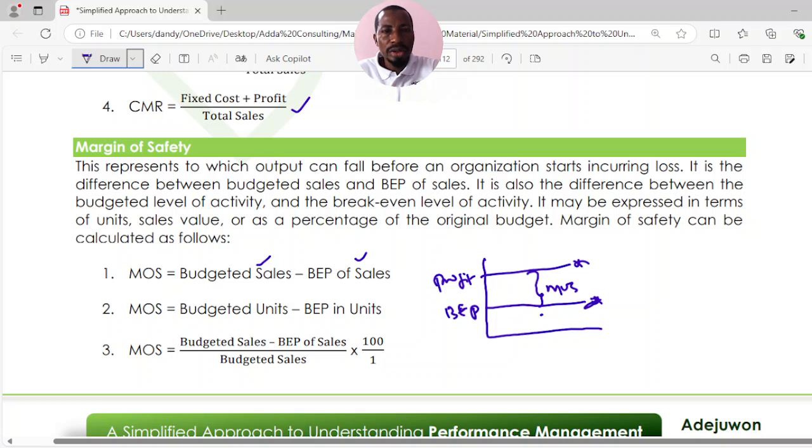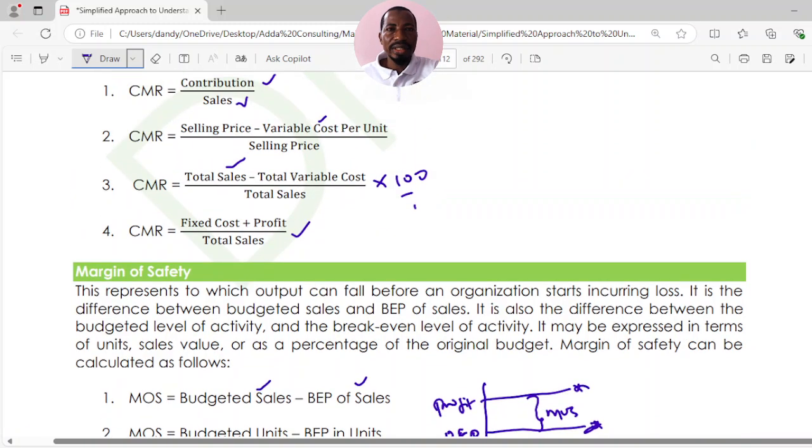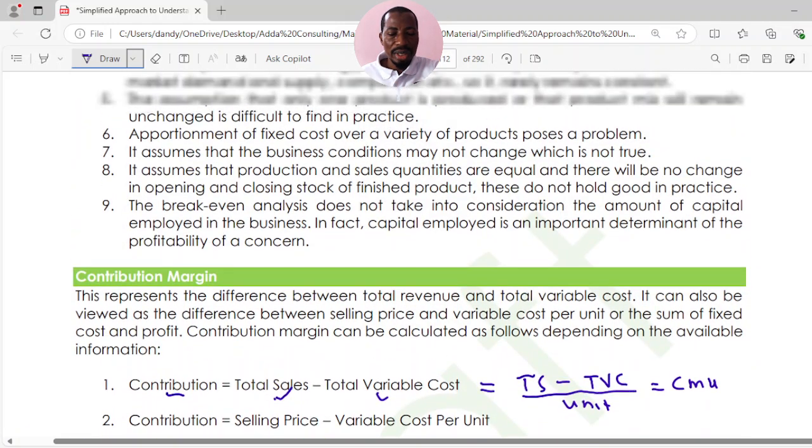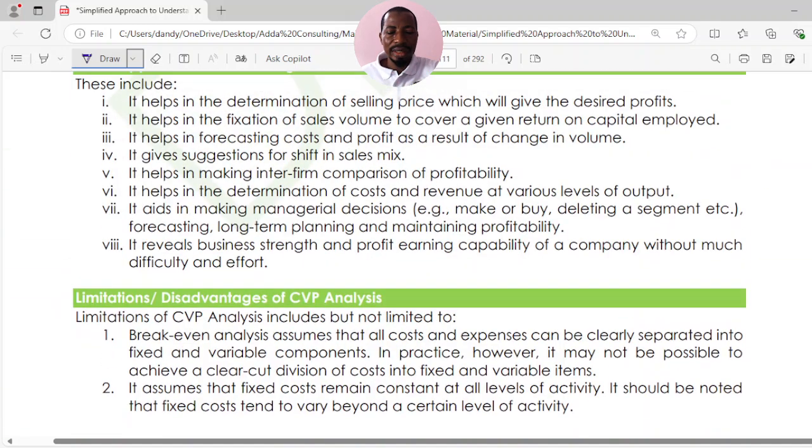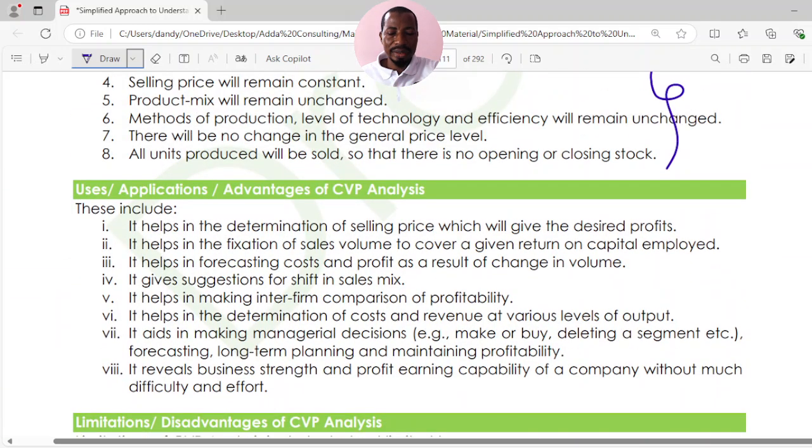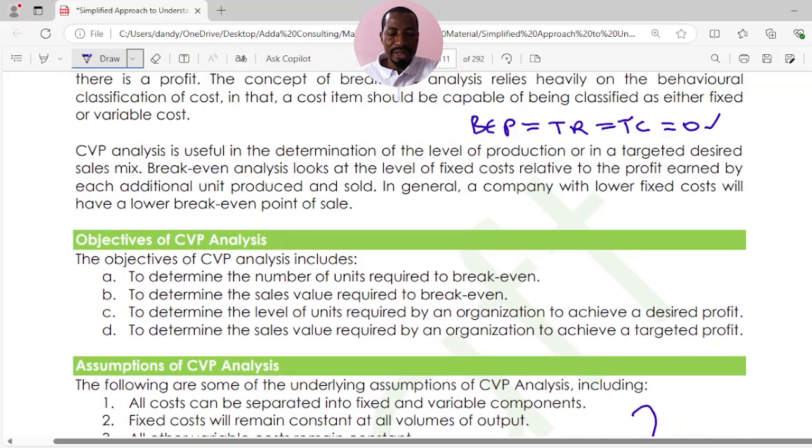The third objective is to determine the units required to earn a targeted profit. And the fourth is to determine the sales value required to achieve a targeted profit before tax. Those are the 4 objectives of break-even analysis.